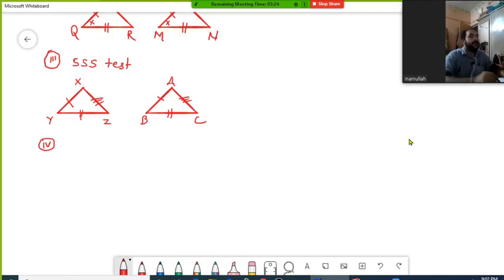Yes, hypotenuse side test, which may exist in right angle triangles, but before that we have another test which is known as side angle test or angle side test. Both are same, so you can keep them in one category.